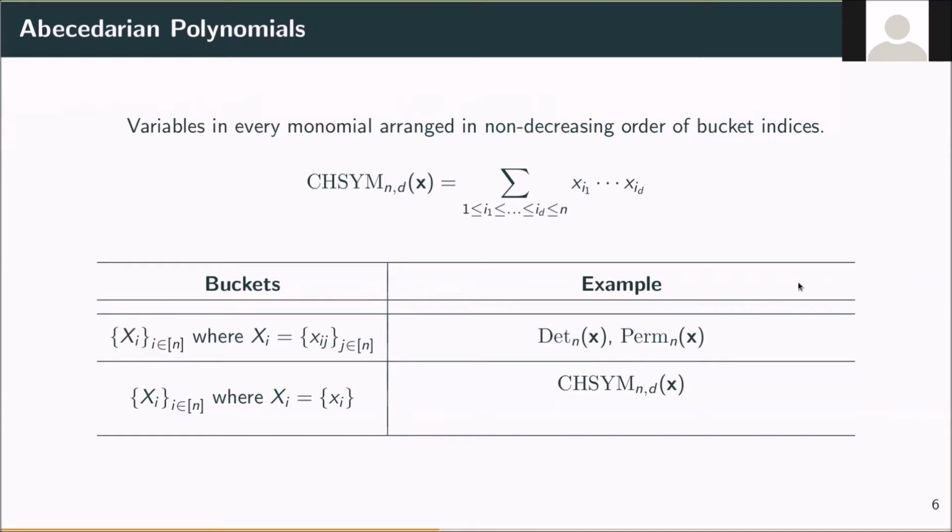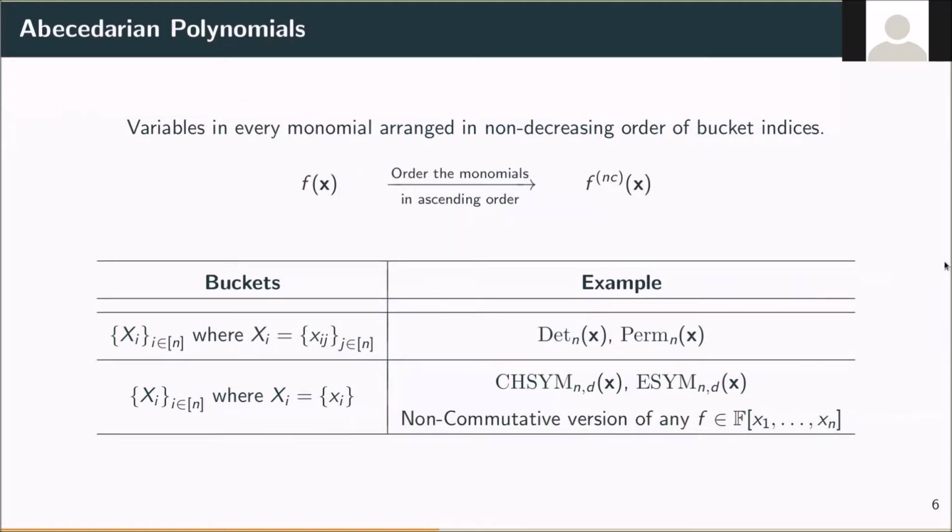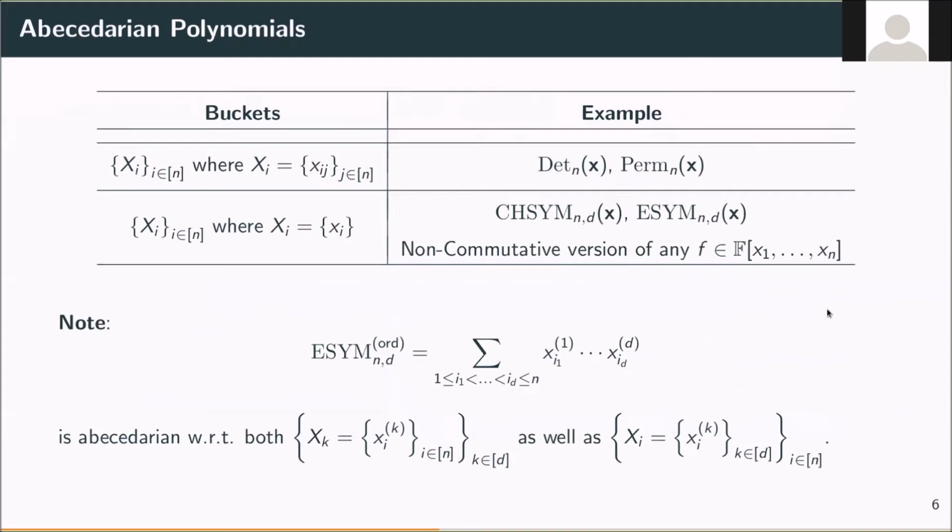Similarly, the elementary symmetric polynomial is also ABCD with respect to the same partition. In fact, if we take any polynomial and order the variables in ascending order of their indices in every monomial, then this non-commutative version of the polynomial is ABCD with respect to the partition capital Xi being singleton small xi. Okay. So just one last point before we move forward.